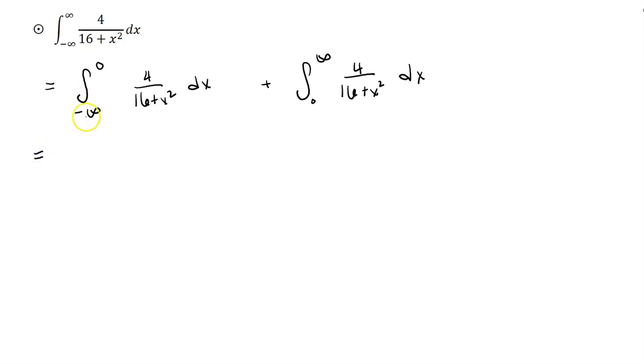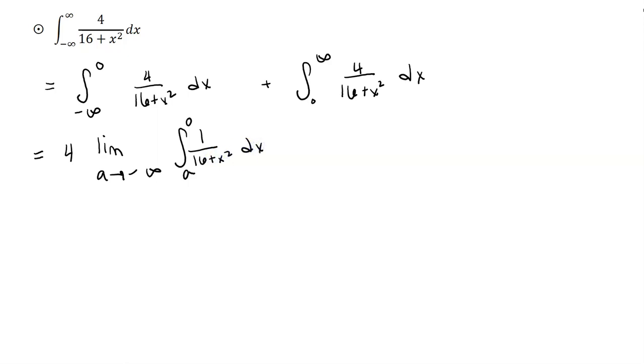So this one's going to be a limit on this side, so I'm going to bring the 4 out front, and we'll have the limit as a approaches negative infinity of the integral from a to 0 of 1 over 16 plus x squared dx.